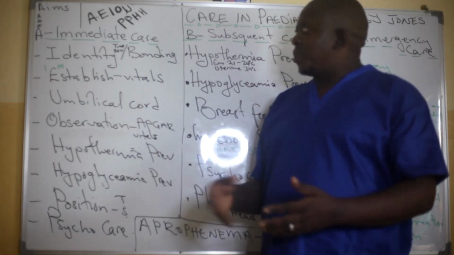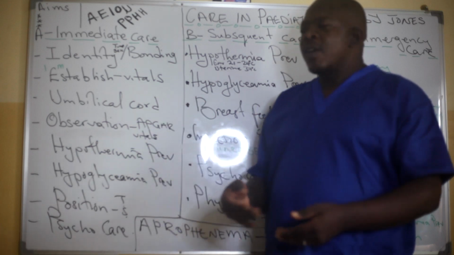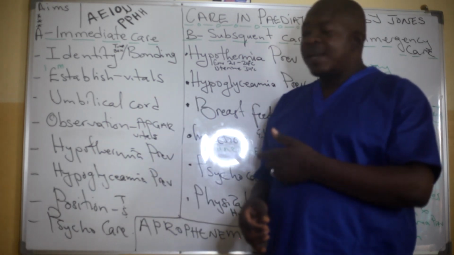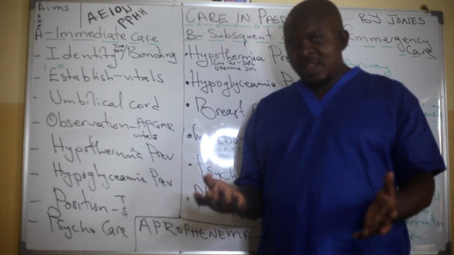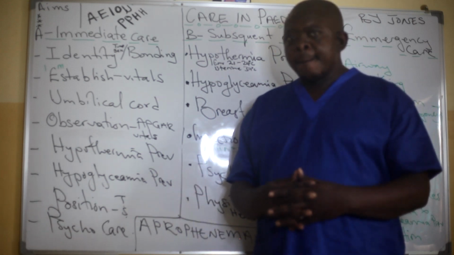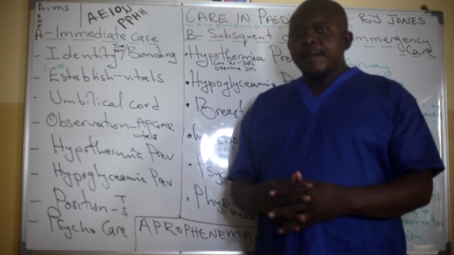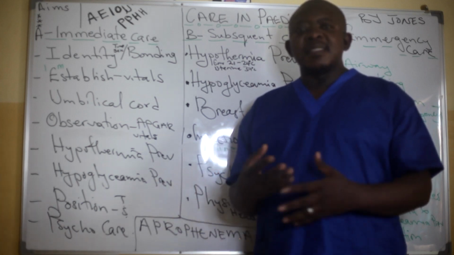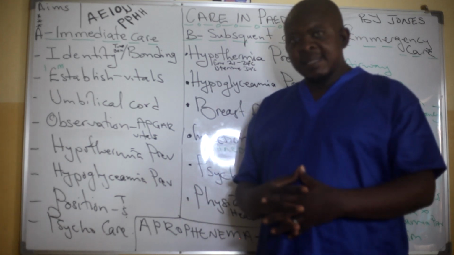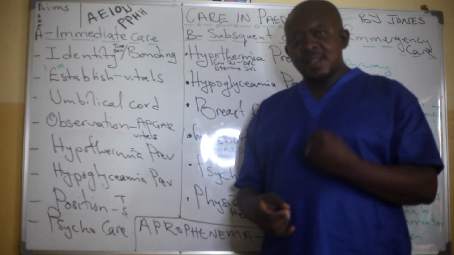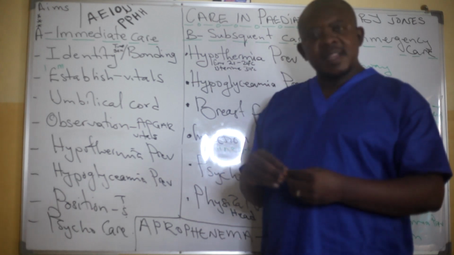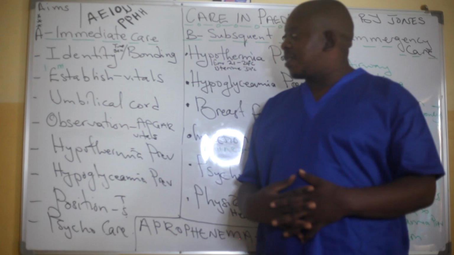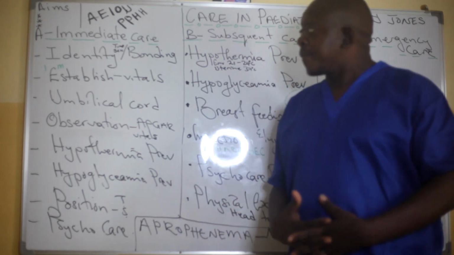In the immediate care, we also need to observe the umbilical cord to see if all the blood vessels are there, because absence of one of the blood vessels may be a sign of other abnormalities. So we check the umbilical cord to rule out abnormalities.